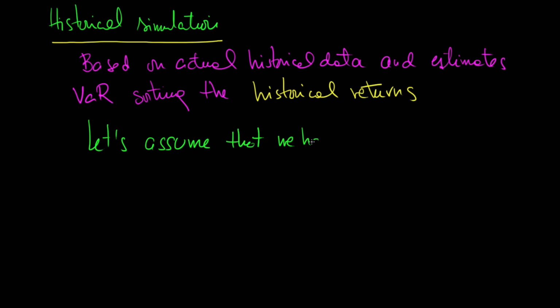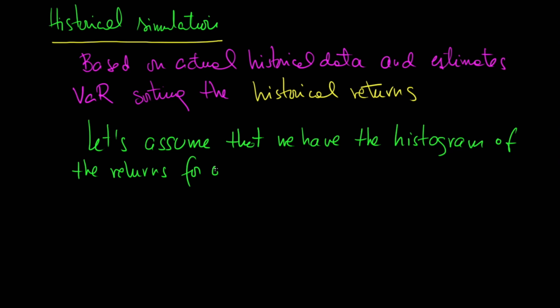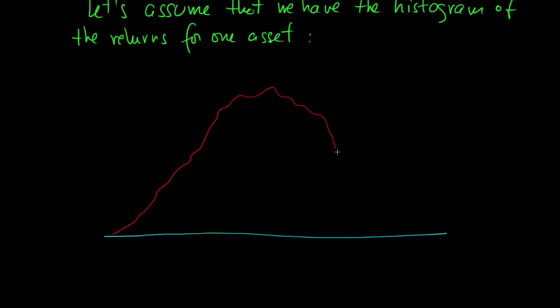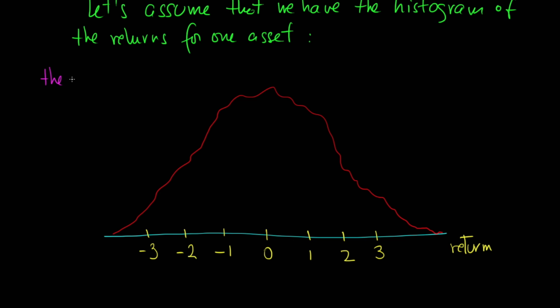Let's assume that we have the histogram of the returns for one asset. Let's draw that. We know that the histogram is usually drawn with bars. I'm doing this in a continuum assumption, so this would be the red. So we have a non-normal distribution, but it's just a histogram, a continuous histogram.